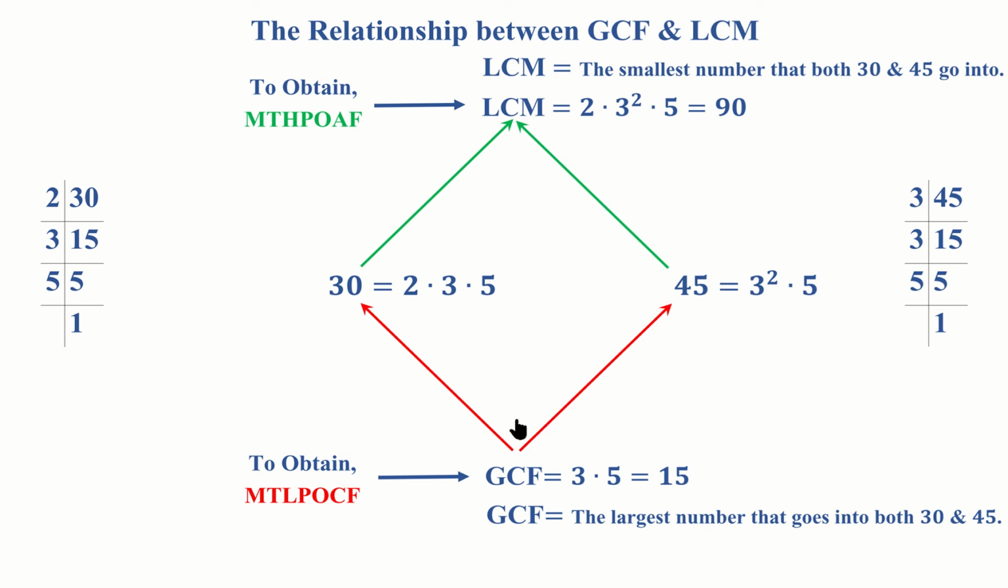So there's a really important relationship between these two quantities, the GCF and the LCM. I wanted you to see the interaction between them. It's a beautiful diagram that relates them. So given any 2 numbers, we're just going to use 30 and 45 here as an example, there are 2 numbers associated with that pair of numbers. Or you could actually have more than 2 numbers here. You can have 10 numbers, 10,000 numbers. Given any finite group of numbers, there are going to be 2 numbers of interest associated with those numbers.